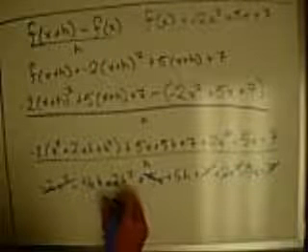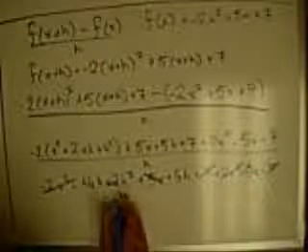So now I've got minus 2h squared minus 4xh plus 5h, all over h. What I'm going to do up top is factor out an h, so then I get h times minus 2h minus 4x plus 5, all over h.